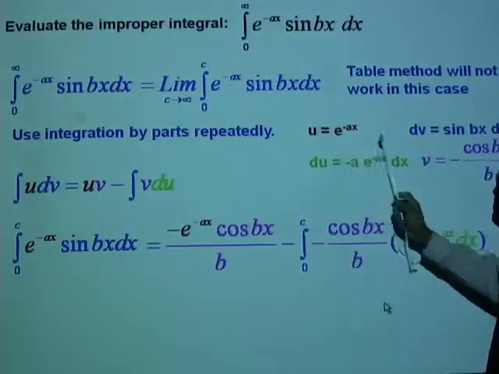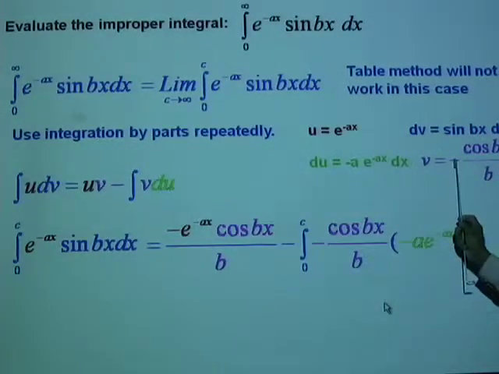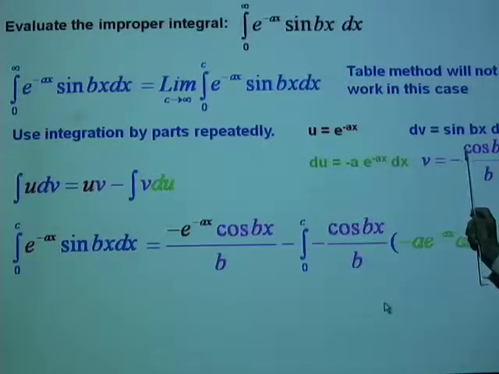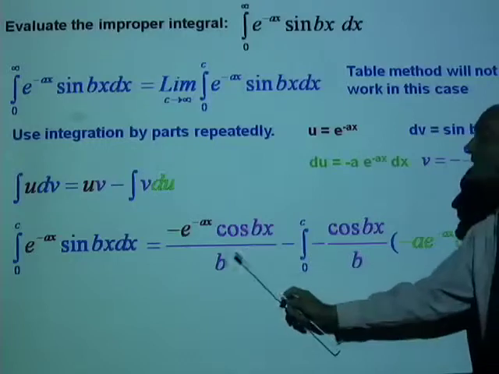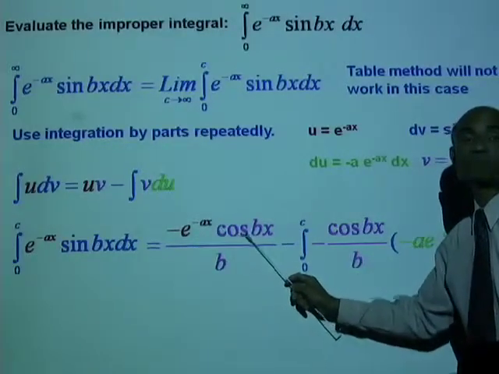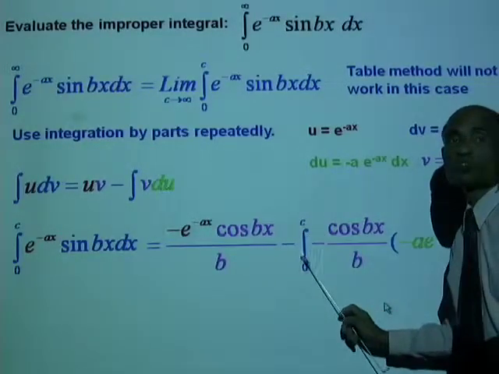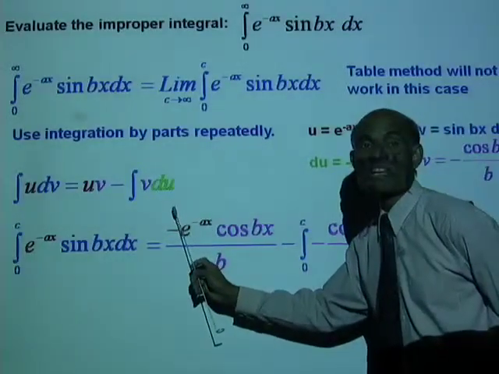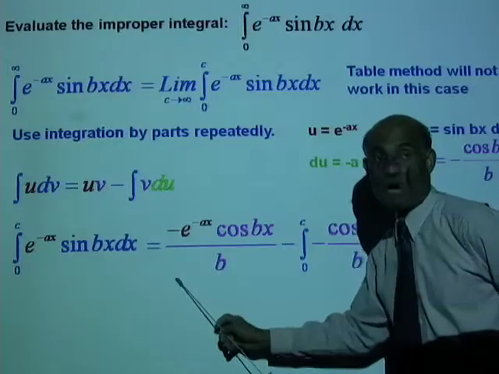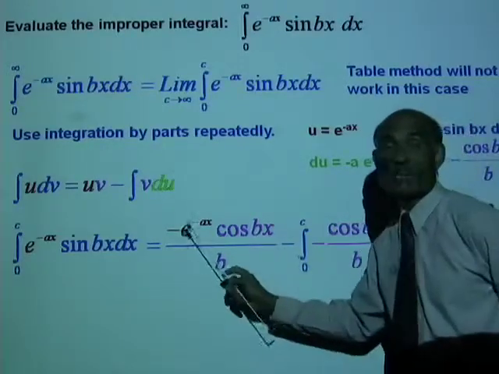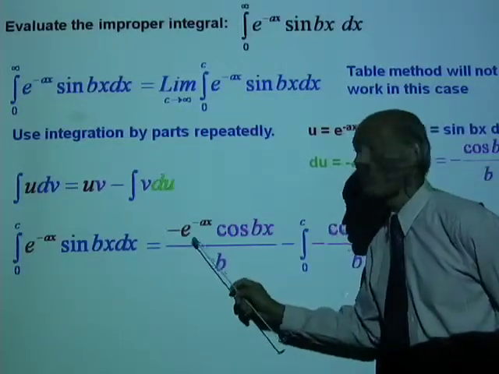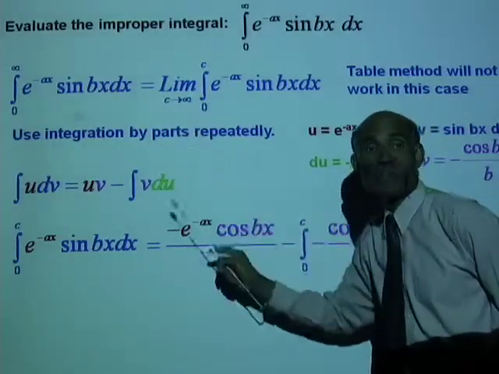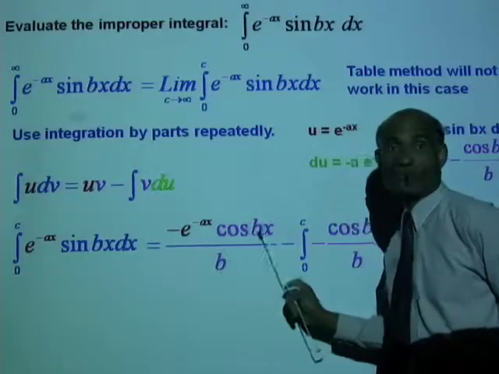Look at that, u times v. This is negative e to the negative ax times cos bx divided by b, minus integral 0 to c. Now remember, I said we will leave the limits. Now this is part of the integration. That means that limit actually applies to all this. So we're going to leave this for the time being. We will come back to that later.